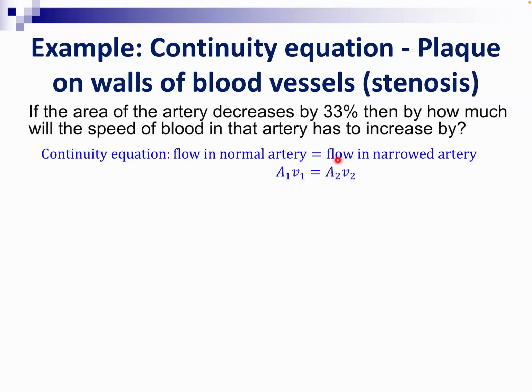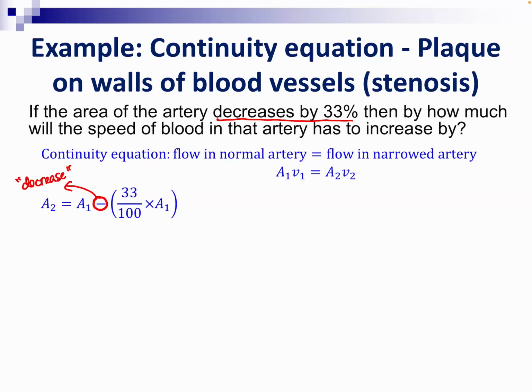And then by figuring out the new area, we can figure out how much the speed will increase. Right, so it decreases by 33%. Again, you have these percentages. You can just write it down as these. The new area will be the old area minus the decrease in percentage. So this minus sign here indicates the decrease.